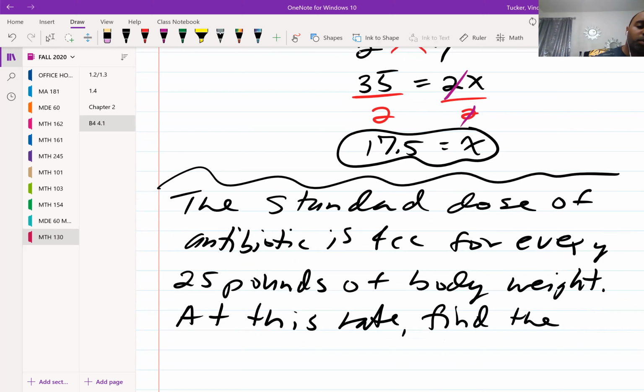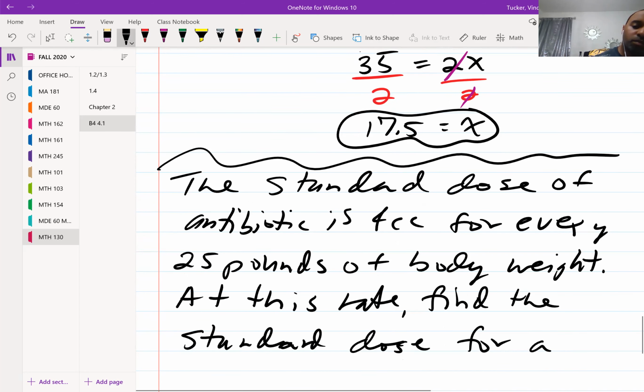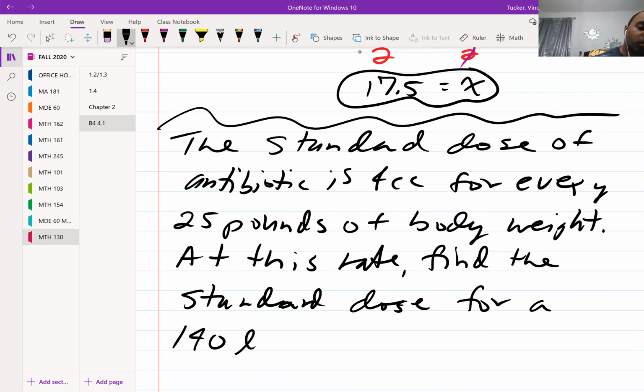Standard dose. All right, so we have the standard dose of antibiotic is 4 cc's for every 25 pounds of body weight. At this rate, find the standard dose for a 140-pound woman.